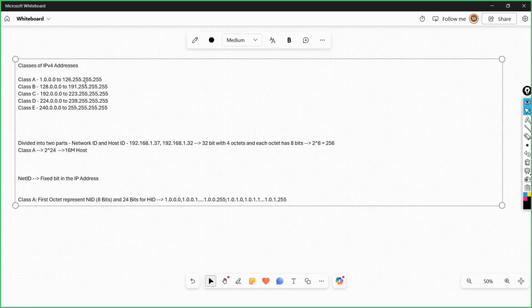So the first 8 bits will remain the same in class A, and the remaining 24 bits will be the host ID, and that will keep on changing.